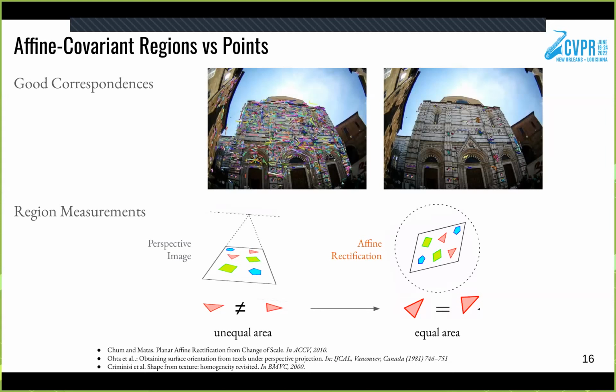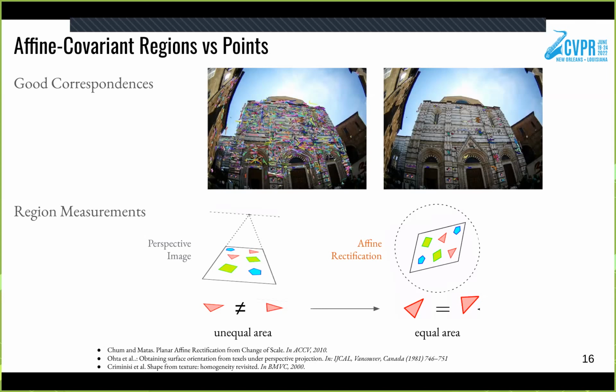You have regions corresponded in the perspective image, and these corresponded regions, shown by these simple geometry figures, don't have equal area because of the perspective warp. But we know that an invariant of an affine rectified space is that these must have equal area in the affine rectified space, those things that are repetitive or related by an isometry.